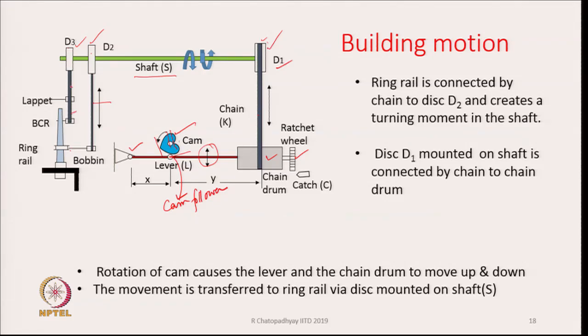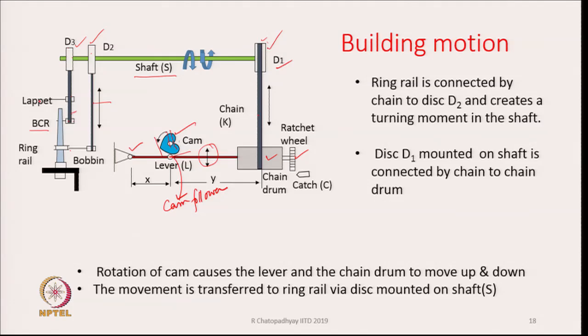The other chain, connecting D3 and the lappet and the BCR, will also move up and down in sympathy depending upon the direction in which the shaft S is turning. So, the rotation of the cam is finally transmitted to the ring rail, the BCR, that is balloon control ring, and the lappet guide in terms of traverse movement up and down. That is what is done by this.